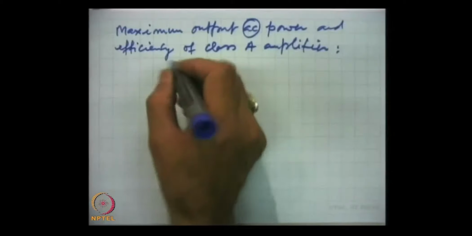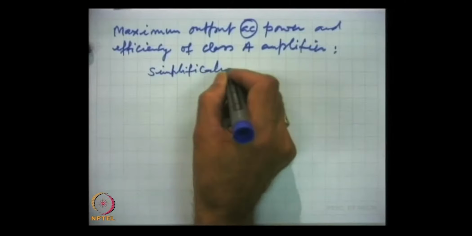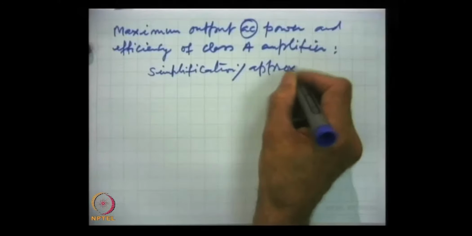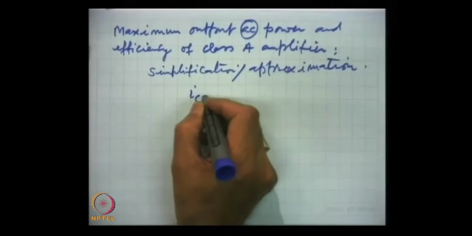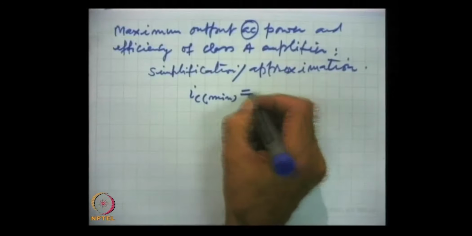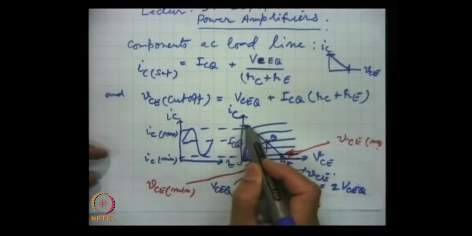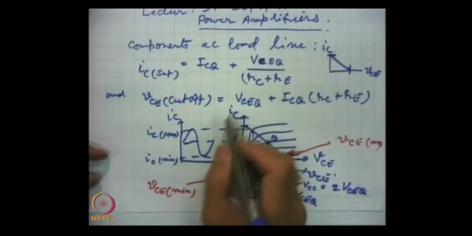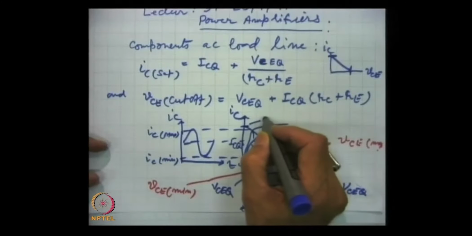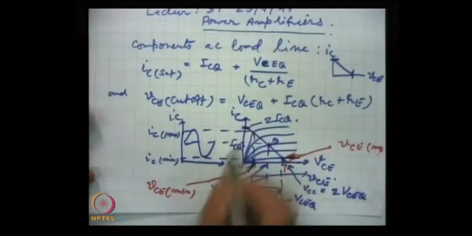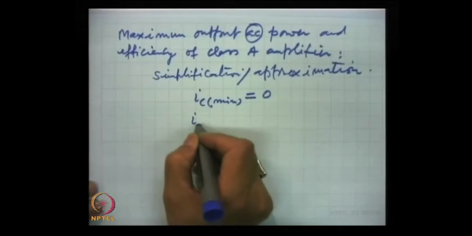So the first simplification, or approximation, is that IC minimum is taken as 0, and the maximum current we take slightly above this point, which is twice ICQ.